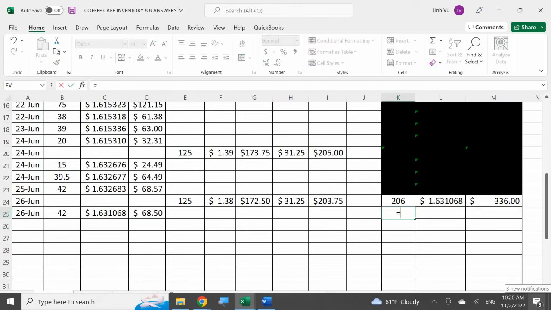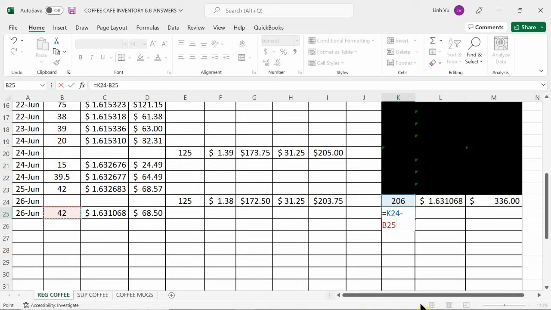Okay. So let's go update our inventory because we just used 42 pounds.